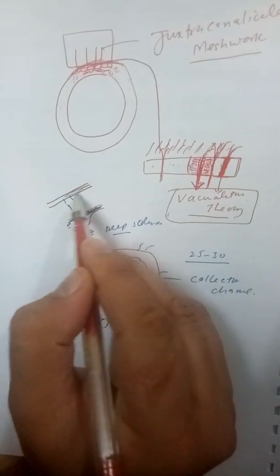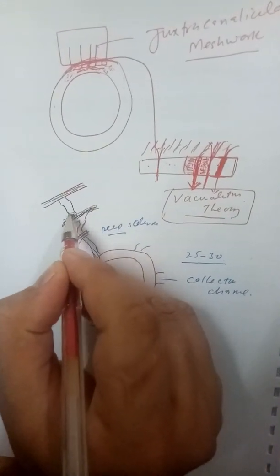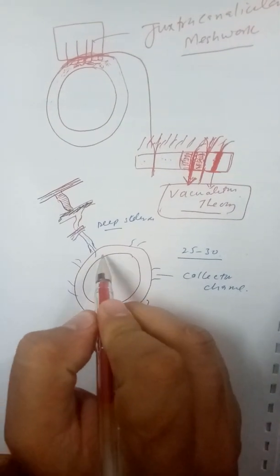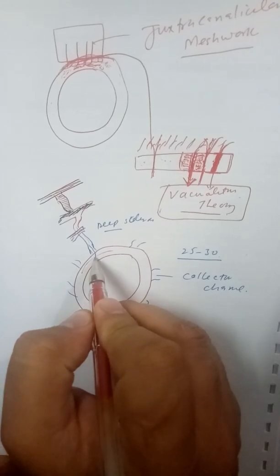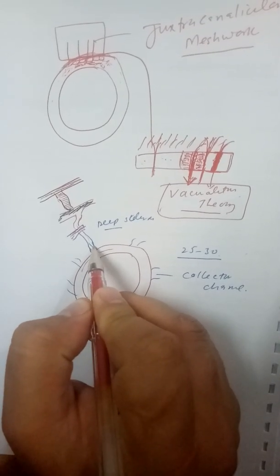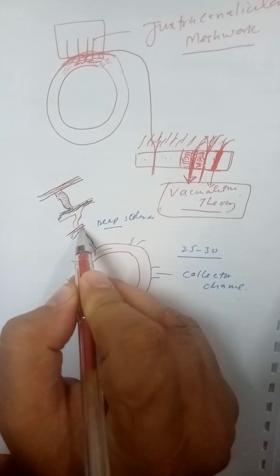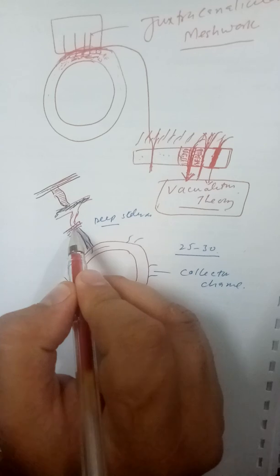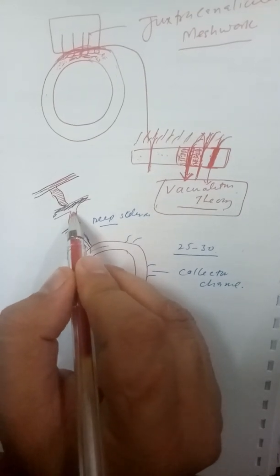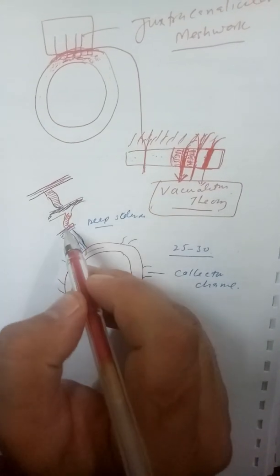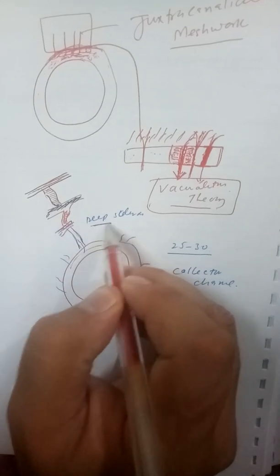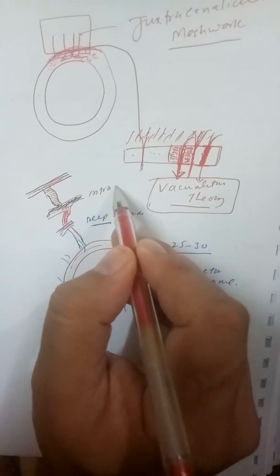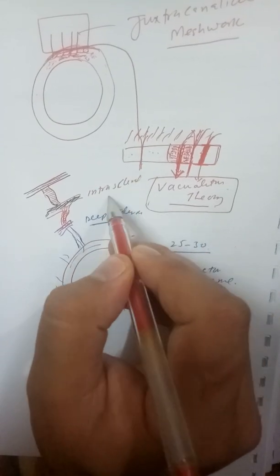This is the episcleral plexus, and this portion is called the intrascleral portion. Again, this is the canal of Schlemm. From the canal of Schlemm, collector channels reach the deep scleral plexus. From the deep scleral plexus, a small channel arises and reaches the intrascleral plexus.